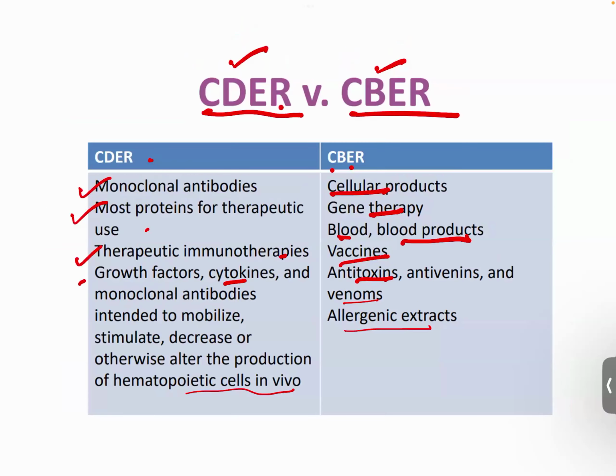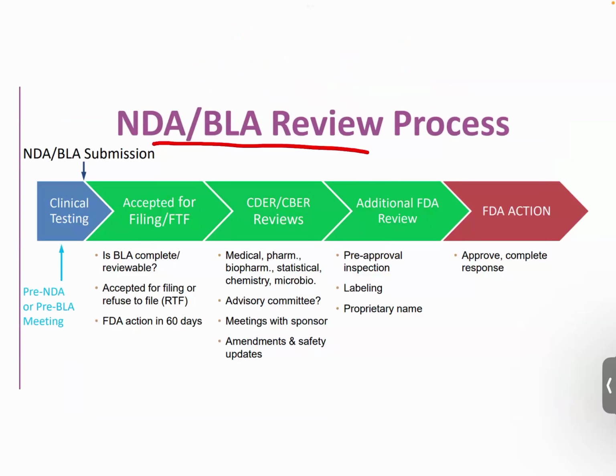So now this is again the crux of the story, how the NDA or BLA review process takes place. NDA and BLA submission: once you have done your preclinical work, the pre-BLA meeting, and your clinical testing, phase 1, 2, 3, then comes acceptable filing, which means the biological license application is complete and reviewable.